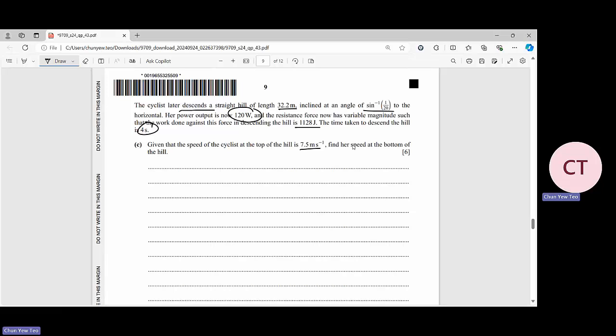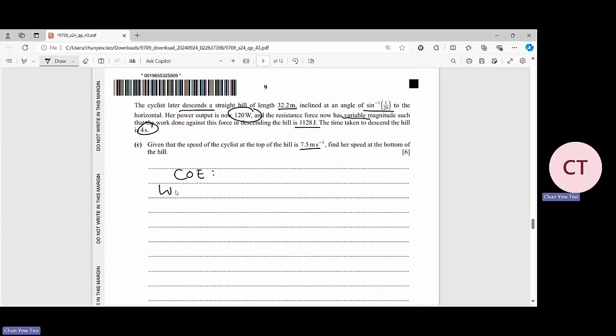So this one is a bit troublesome because we have a variable resistance force. So over here, Newton's second law is not so proper. We need to consider the energy, the work and conservation of energy.